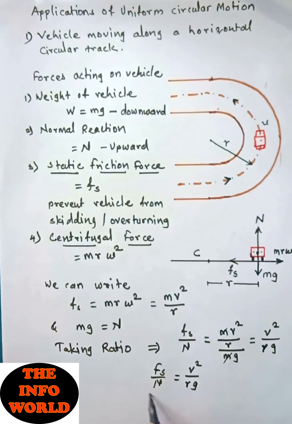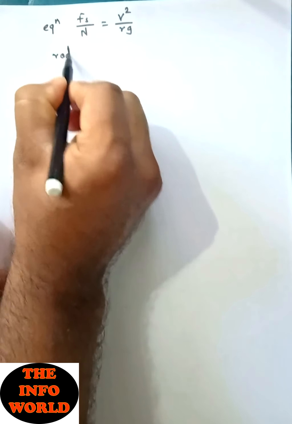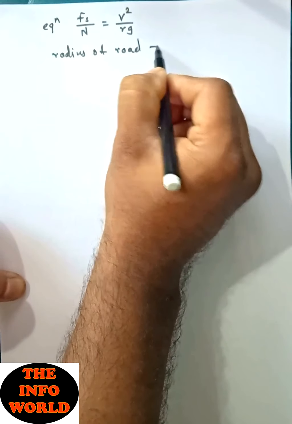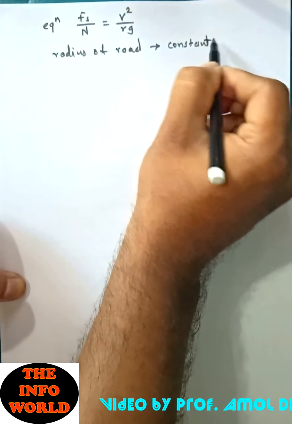So remember this equation. In this equation, the radius of the road is constant for a given vehicle. The normal reaction from the road is also constant. From this equation, n is constant, r is constant, g is always constant, the acceleration due to gravity.